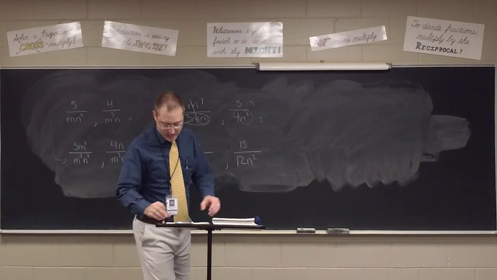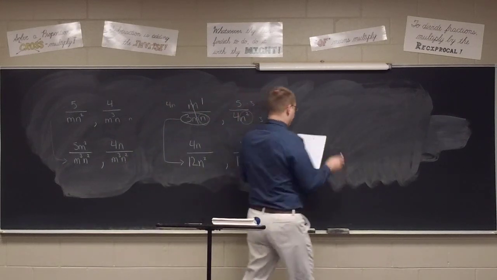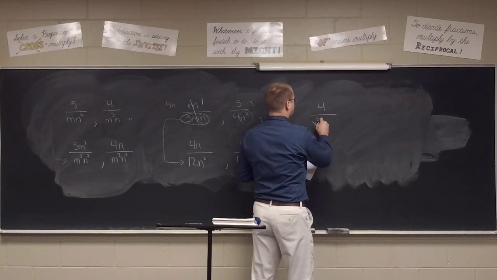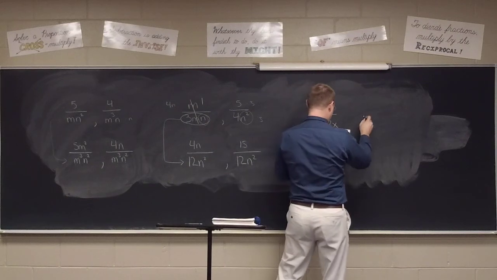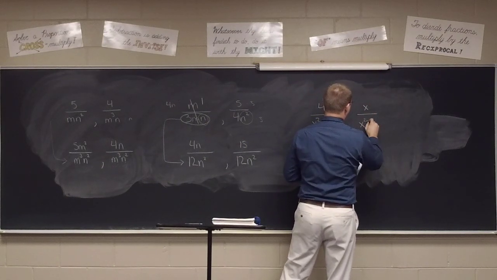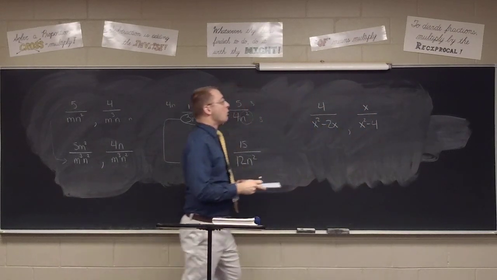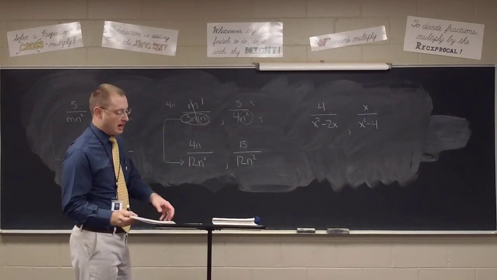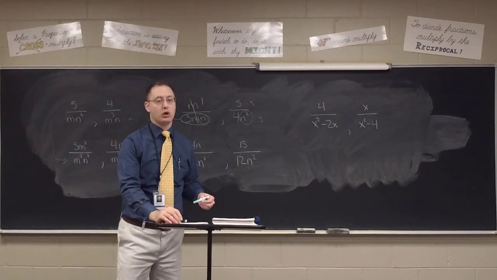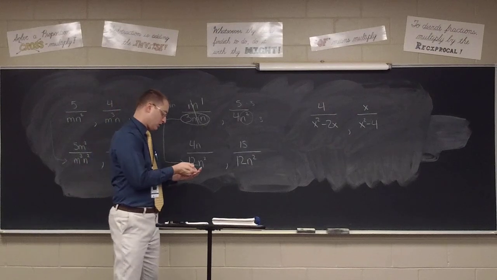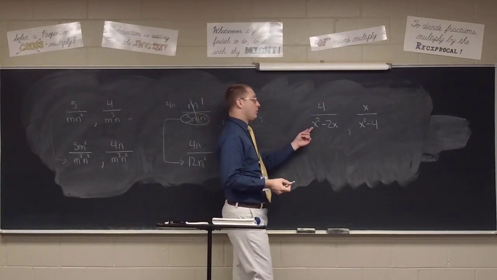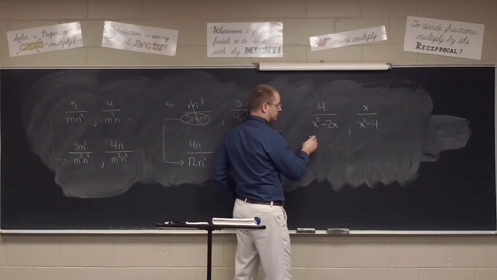All right, let's take a look at another one here. Let's go with some polynomials now. 4 over x squared negative 2x and x over x squared negative 4. With polynomials, it is imperative that you factor or group them. Factor or group. So here, what would I need to do, Maddie?